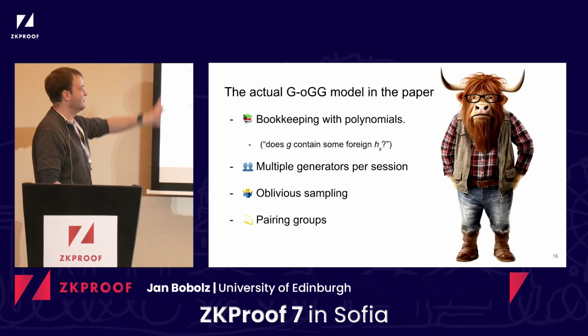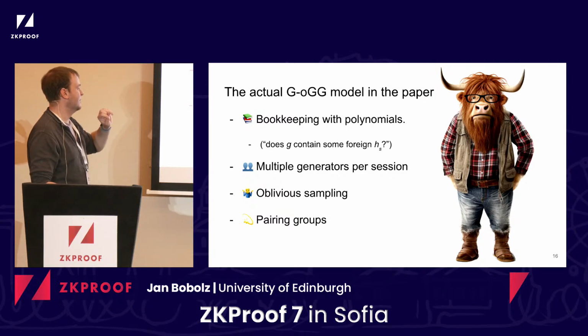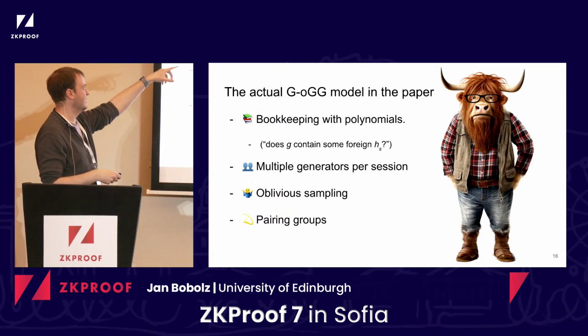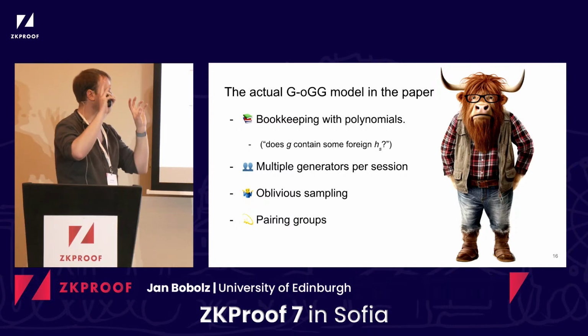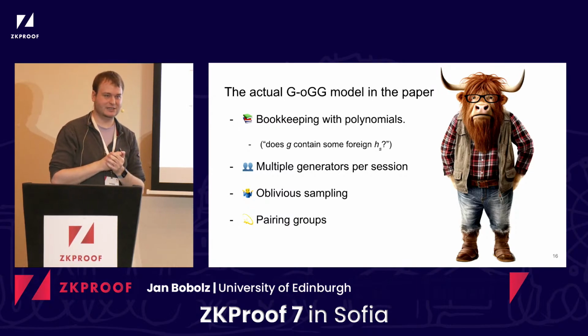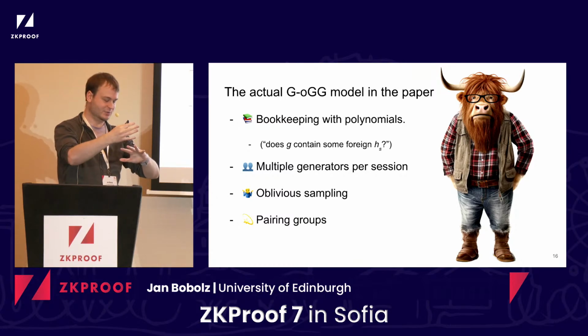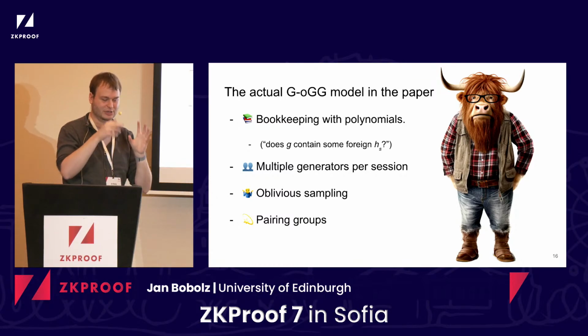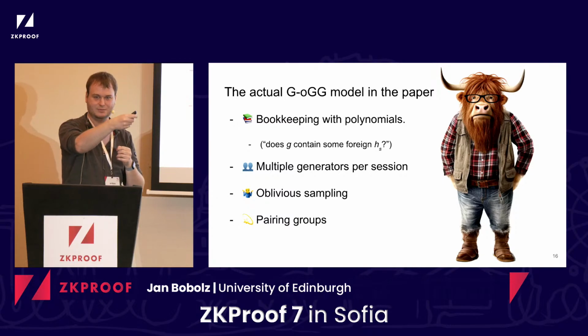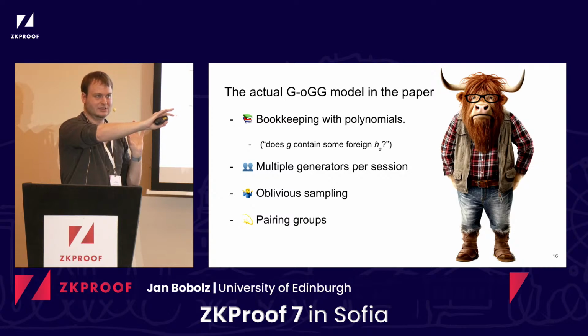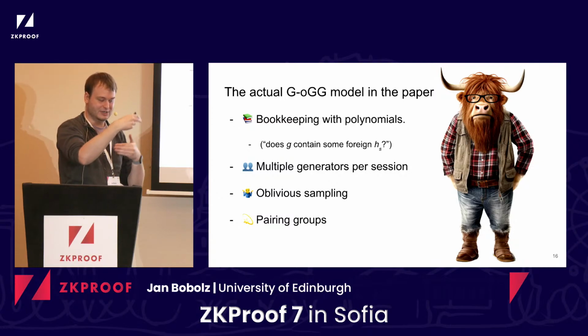Okay, so this was highly simplified. In the paper, we explain what it actually means for group element G to contain some foreign generator. Basically, we do some bookkeeping with polynomials. So every generator gets a polynomial and a polynomial variable. And then we keep track of what the group operations are, and then we just look at the polynomial representation of this group element to see whether or not a certain generator is in there or not.